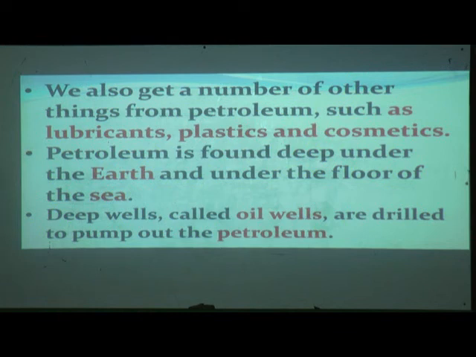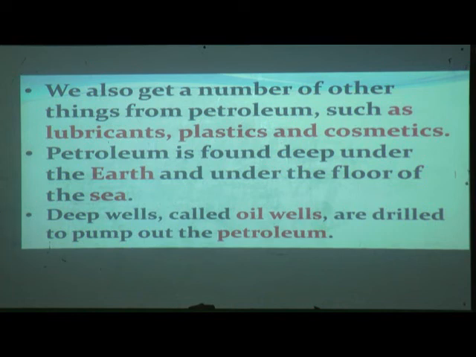Petroleum is found deep under the earth, yes, under the floor of the sea. Just as we have water wells, lakes, villages, river wells, we have oil wells.